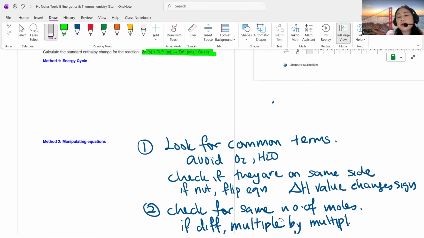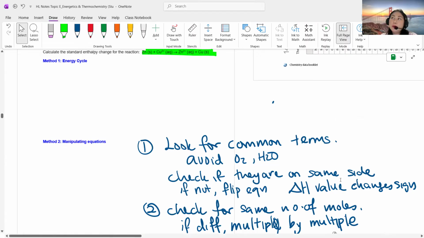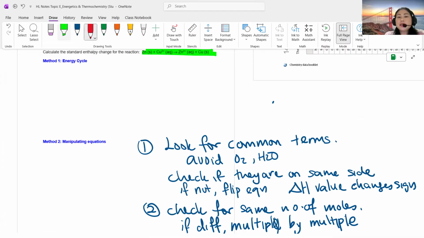If they are not the same number of moles, you multiply by a multiple. For example, if mine was 2 moles and what was given was only 1 mole, then I multiply by 2 throughout to make it 2 moles. I'll show you in a while. Just to clarify the first part, some students don't know what side I'm talking about. There are only 2 sides, reactant side or product side.